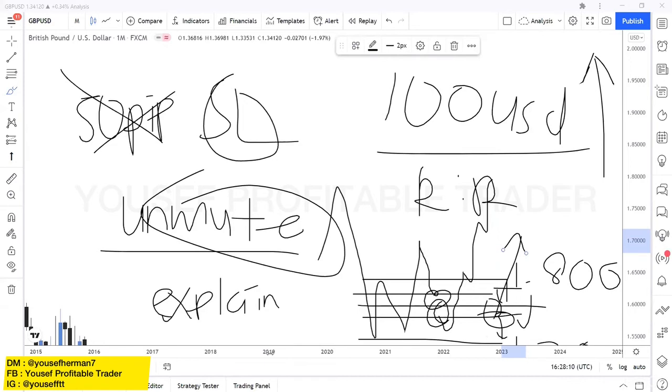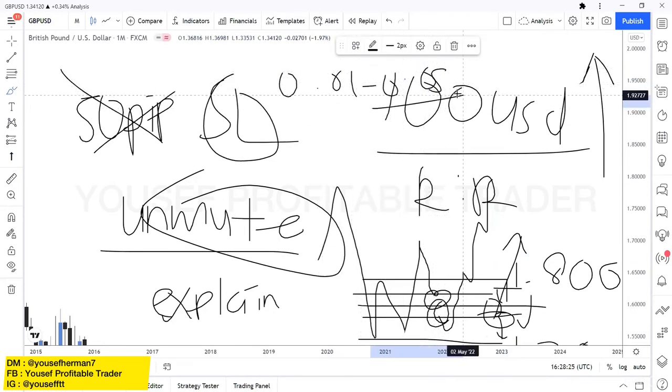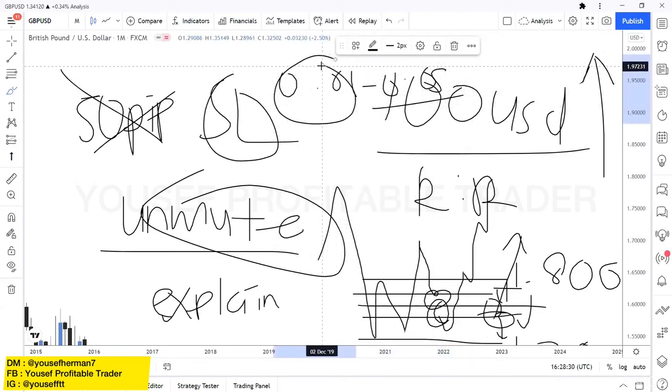Lot size for 100 USD: you can go from 0.01 to 0.05. 0.05 would be considered high risk, and 0.01 would be considered low risk.